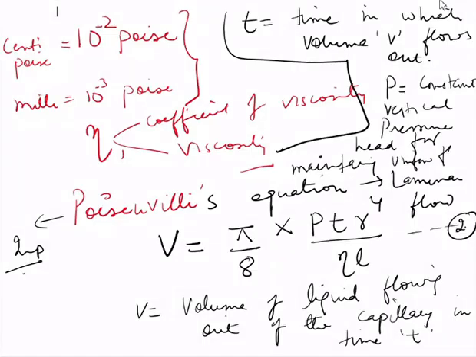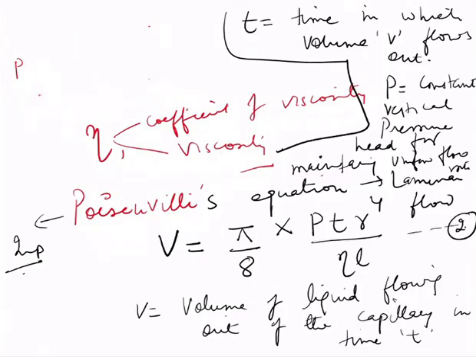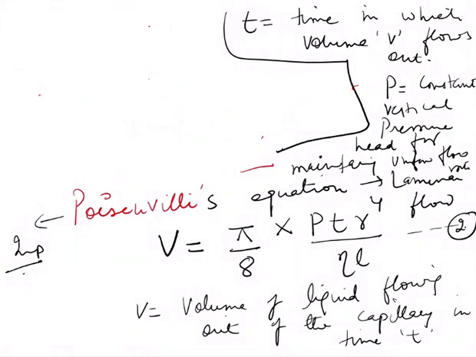Uniform flow rate is basically your V by t. Excuse me. V by t. Okay class, clear up to here.